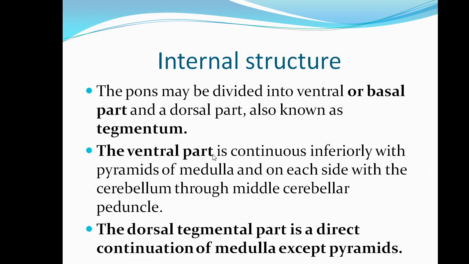The ventral part is continuous inferiorly with the pyramids of the medulla and on each side with the cerebellum through the middle cerebral peduncle. The dorsal tegmental part is a direct continuation of the medulla except the pyramids.